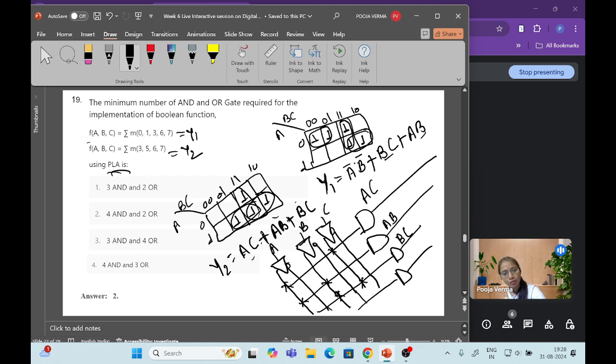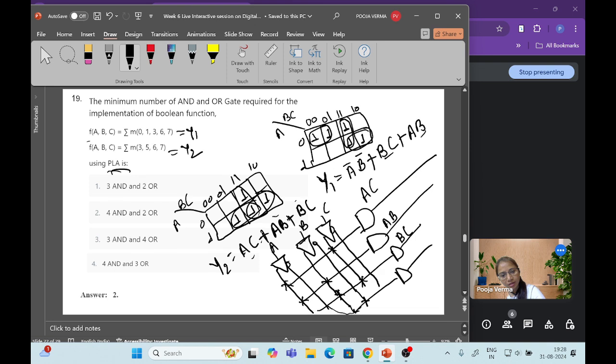Now what is left? A dash, B dash. So B dash is there, and I'm connecting it from here. So A dash, B dash. Okay, so we have to implement two functions, so we have to OR it.